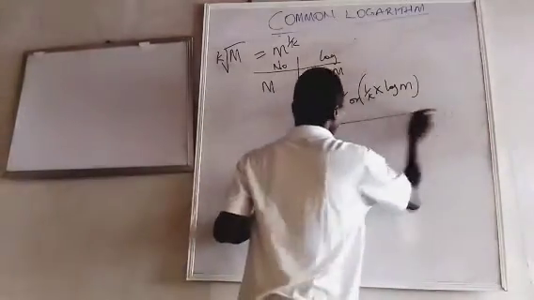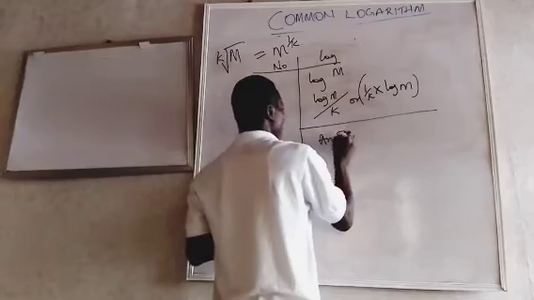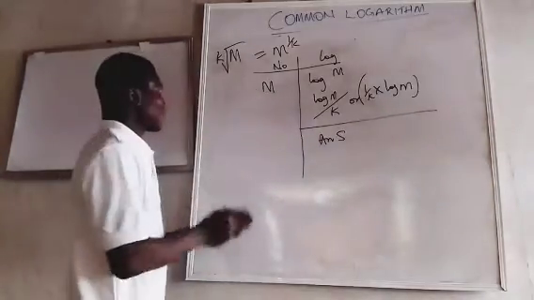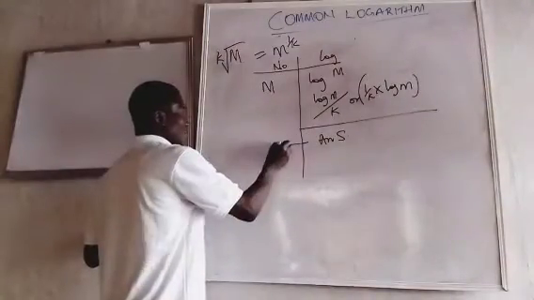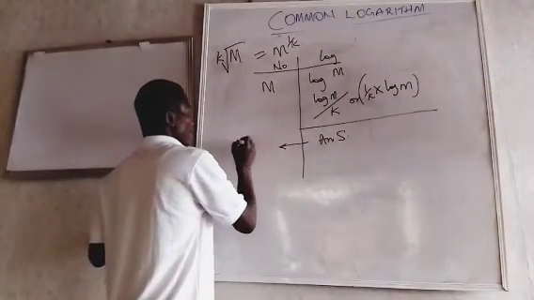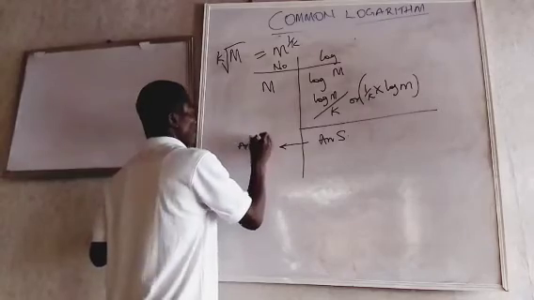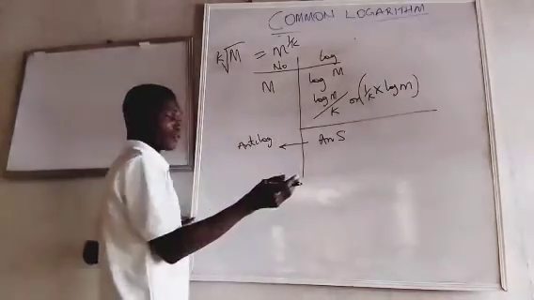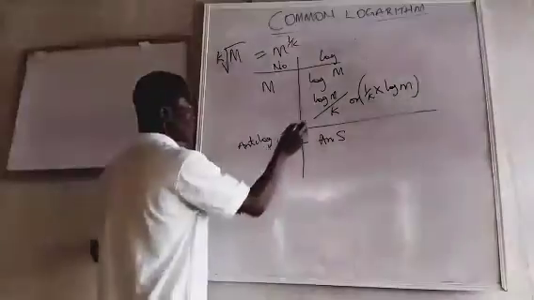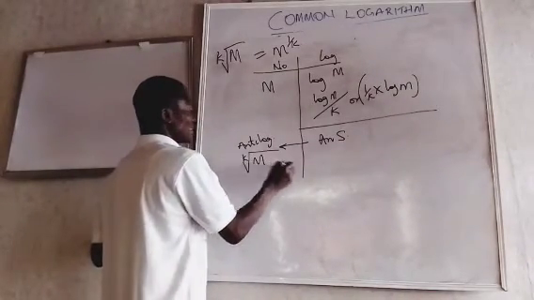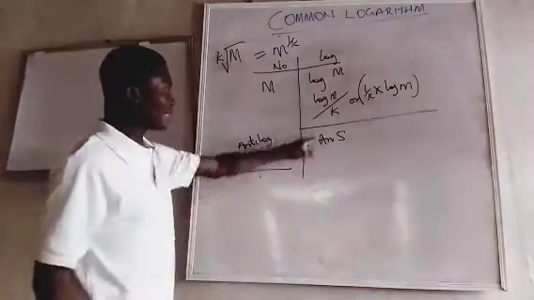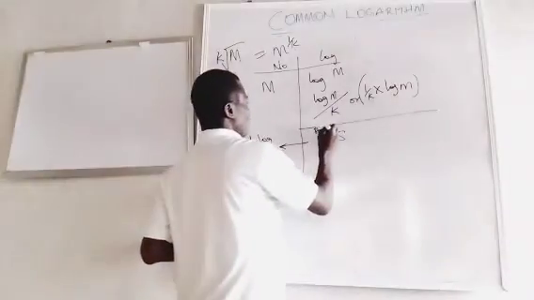So the answer I get here now, if the final answer is to get this, I will just find the antilog from the tables. So this is your final answer. The answer here is the preliminary answer.